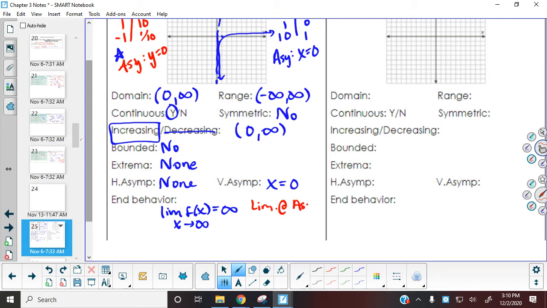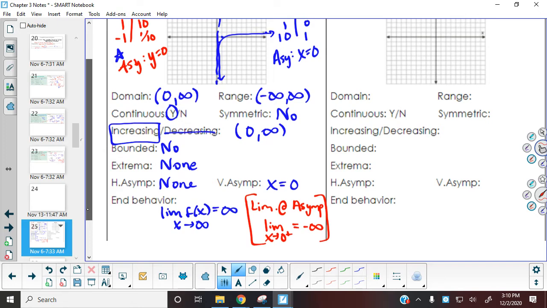Is technically not an end behavior because we're not looking at the infinities. But the limit at the asymptote is as your x approaches 0 from the right-hand side, your y is getting infinitely smaller. Okay, so again, this, what I did in red, is technically not an end behavior because it's not happening when x is approaching positive or negative infinity. It is happening at an asymptote.